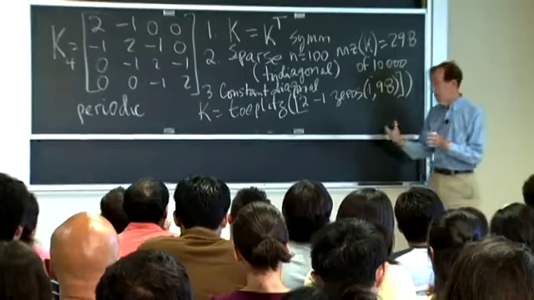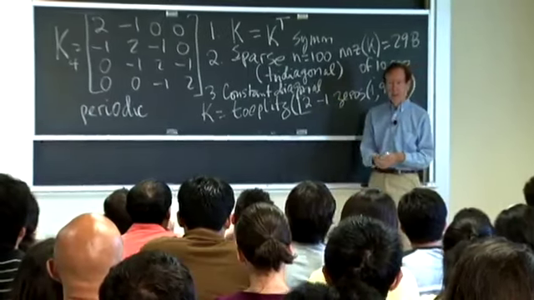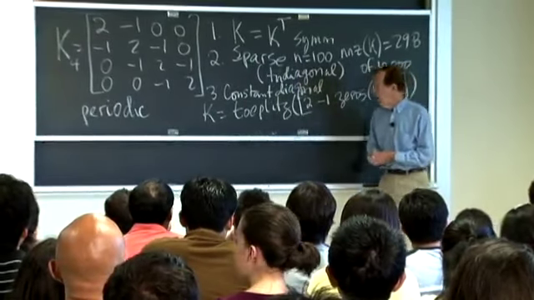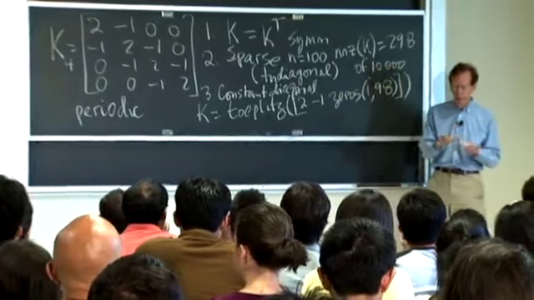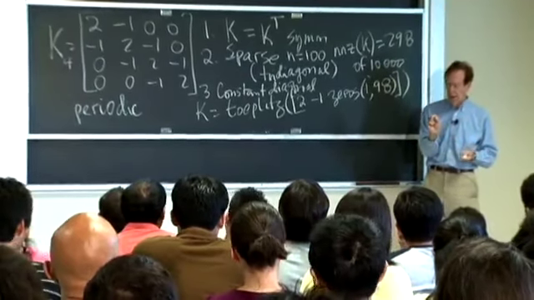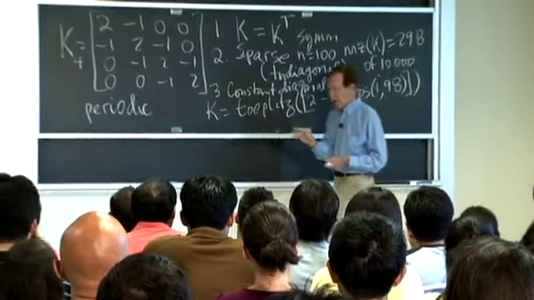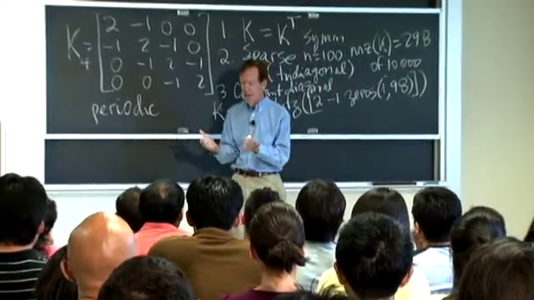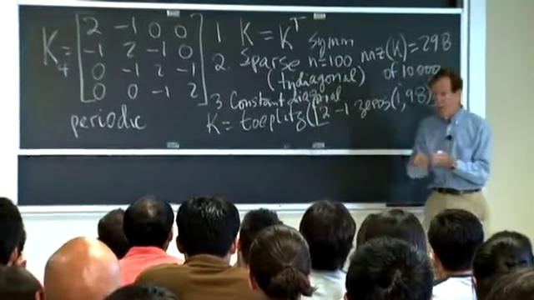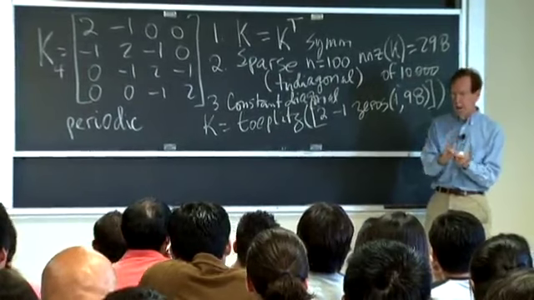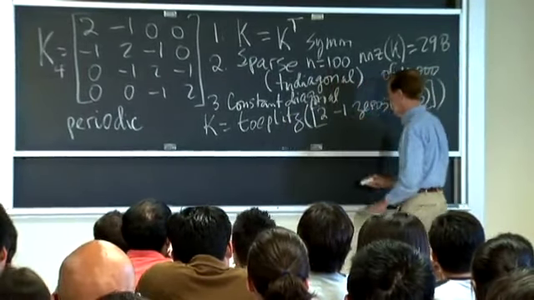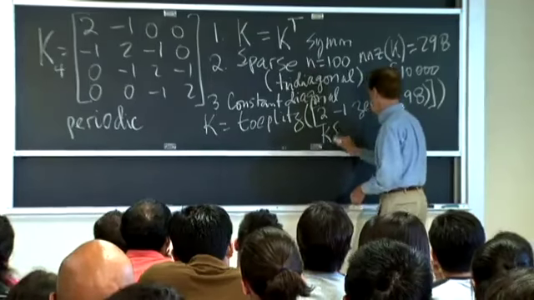In other words, it would treat K like a dense matrix, and it wouldn't know the zeros were there until it looked. But if you have really big systems, sparse MATLAB is the way to go, because sparse MATLAB keeps track only of the nonzeros. So it knows what the numbers are and their locations. So I could create a sparse matrix out of that, like KS for K sparse.